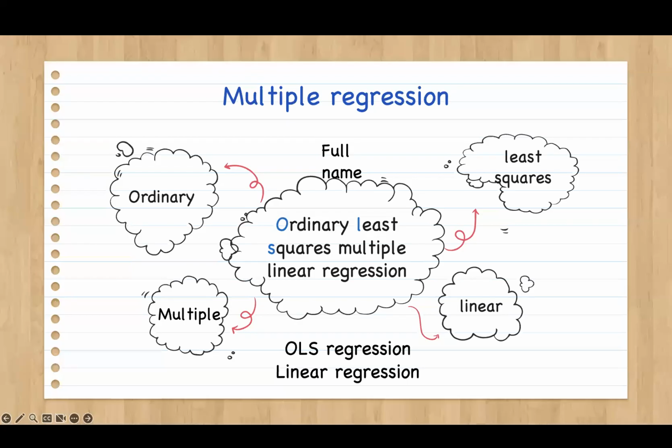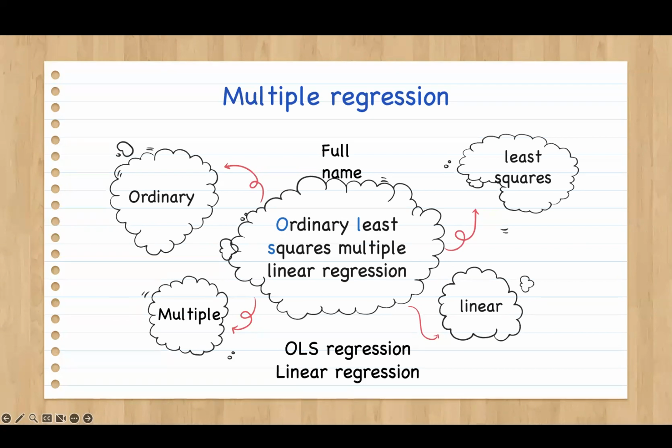A more complete name for multiple regression is ordinary least square multiple linear regression. Least square is the method used to estimate the regression equation. Ordinary is to distinguish the simplest methods of least square from more complicated methods, such as weighted least square and generalized least squares.